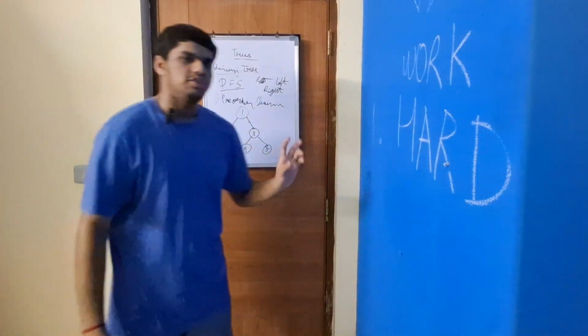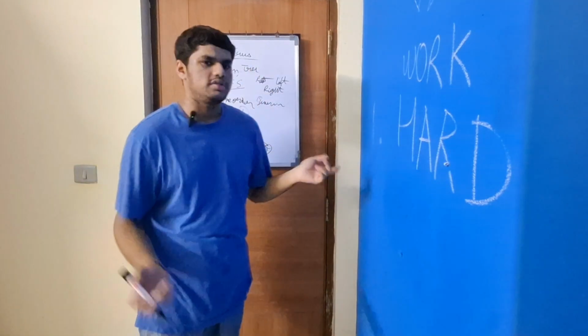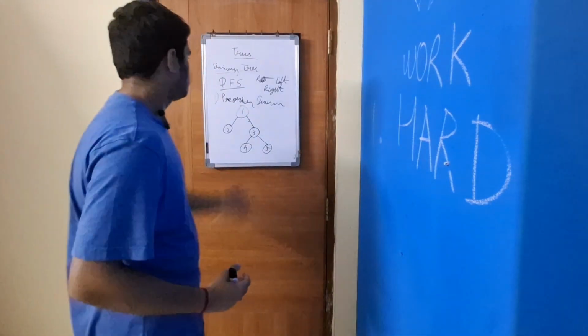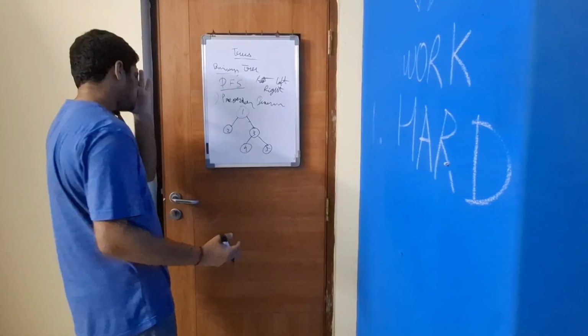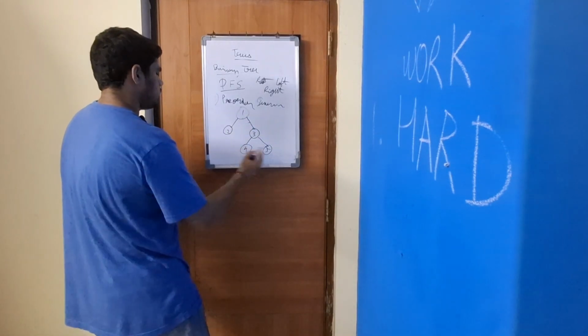At last, I will tell you a trick to remember all this, I mean root, left, right, what comes first. So let's get into this. This is 1, this is 2, 3, 4, 5.